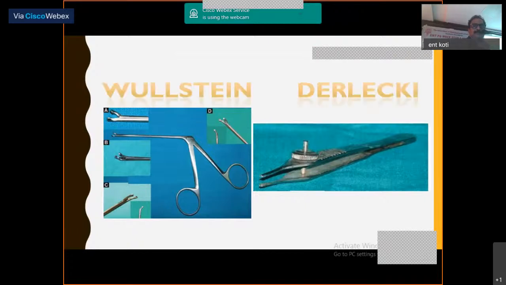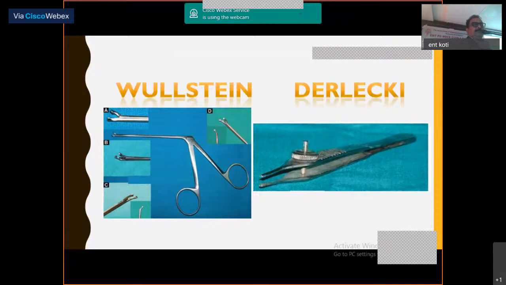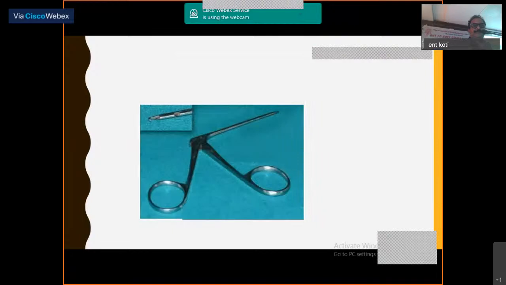So Wolstein's forceps, that is the cup forceps, and that's the ossicle holding forceps for ossiculoplasty. This one, yes, right, that is the name. You have to remember the names. House dieters, House dieters for Alice liver.